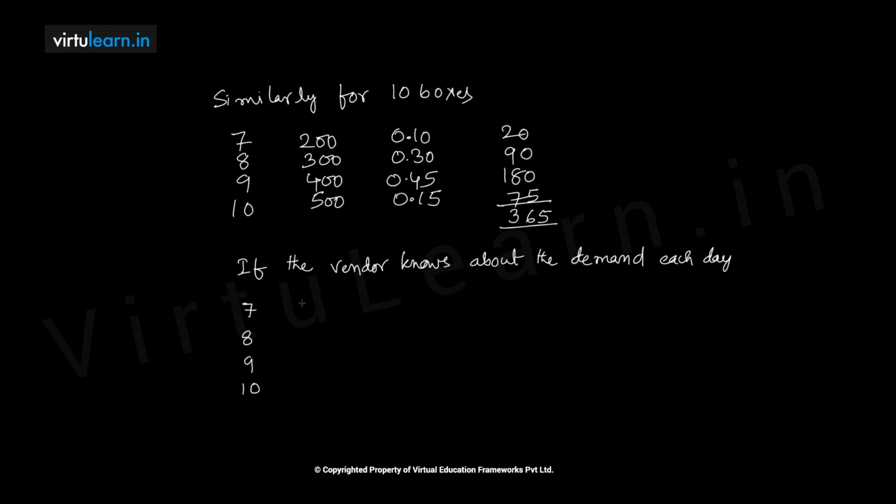If 7 boxes are sold, that means 350 rupees would be the profit, which has a probability of 0.10. So on an average it will result in 35 rupees. And then if he knows on which days he can sell 8 boxes, which has a probability of 0.30, that means 120 rupees.